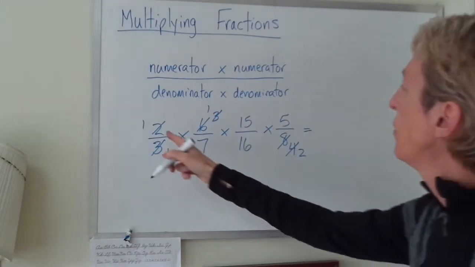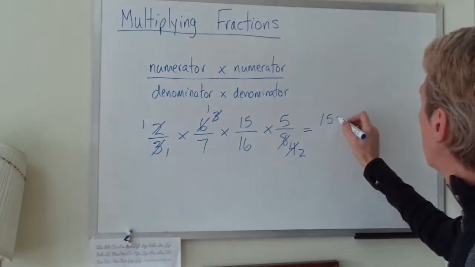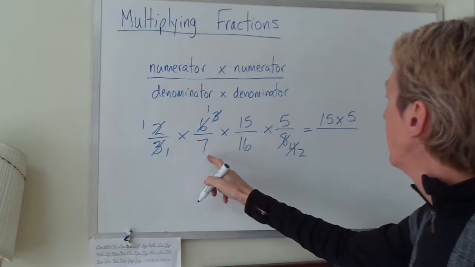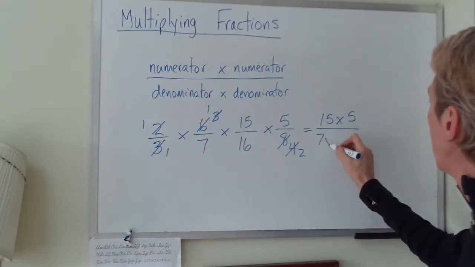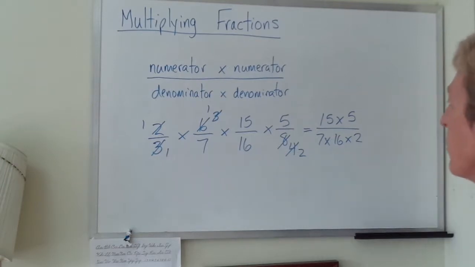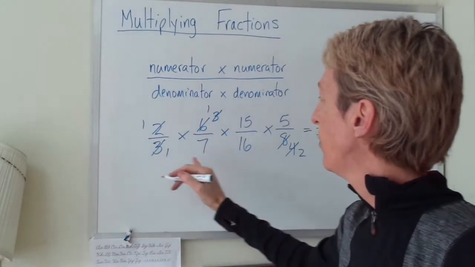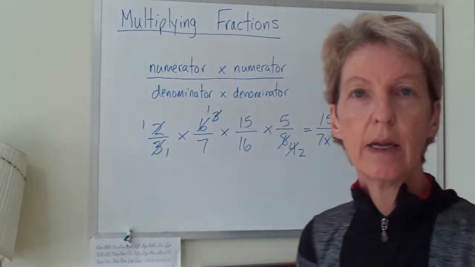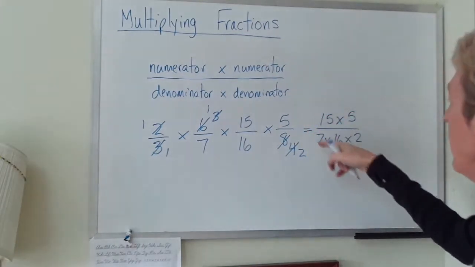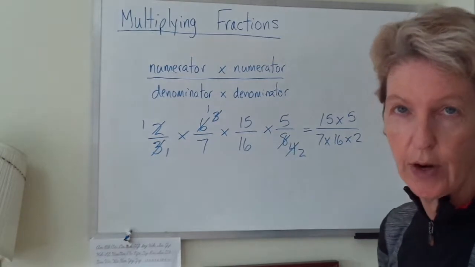So our numerator then is 1 times 1 times 15 times 5, and our denominator is 7 times 16 times 2. So it's important to have a look at the fractions beforehand to see if any of them can be simplified, so that you end up having smaller numbers to multiply in order to get your answer.